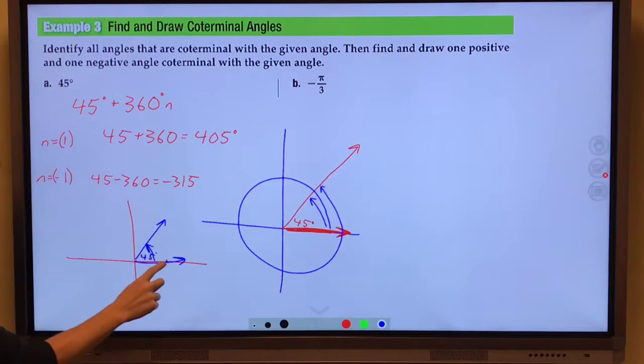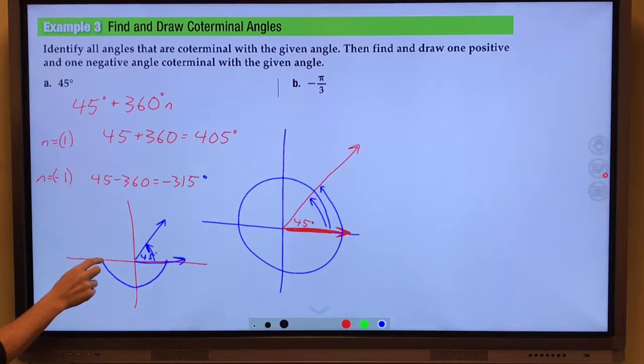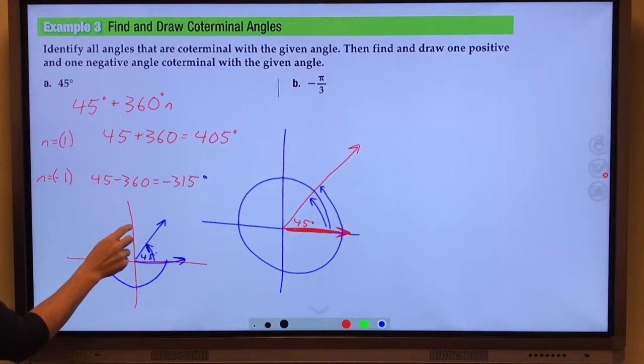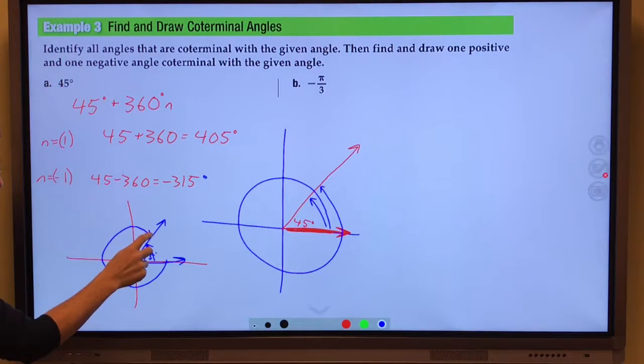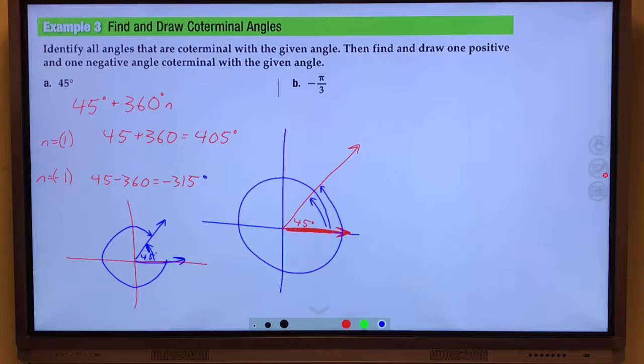But negative 315 degrees, we go a negative 180, another negative 90, so this is negative 270, and then another negative 45, stops us right there at the exact same side. So that's when we're dealing with degrees.